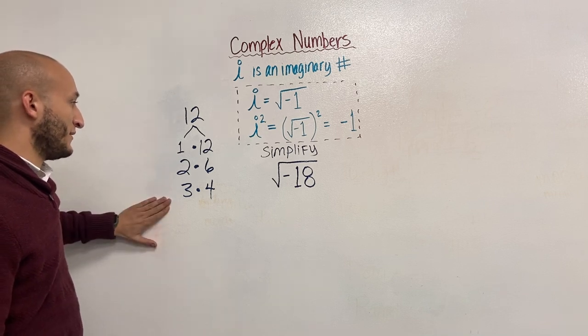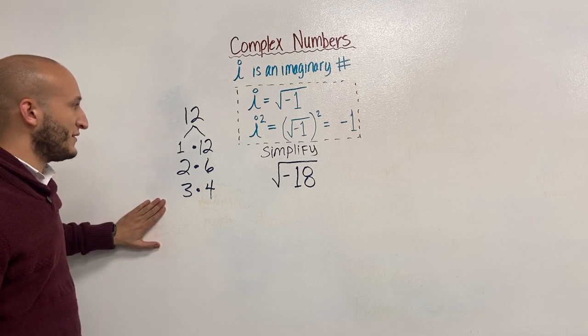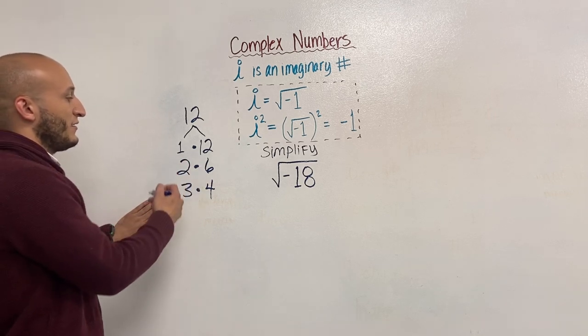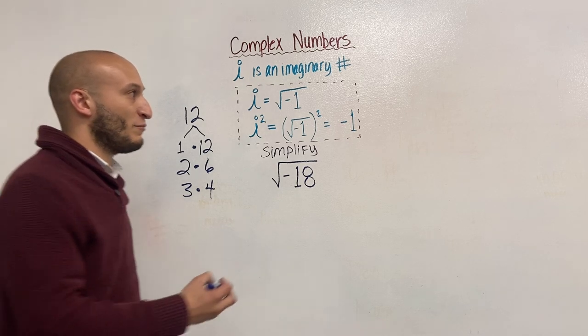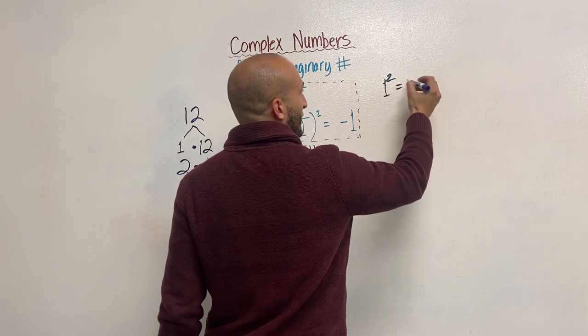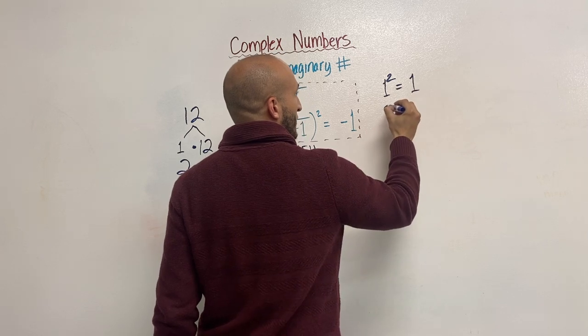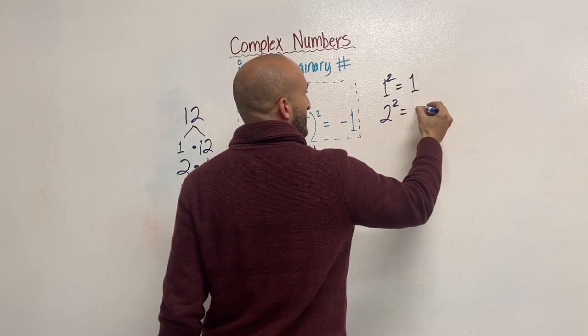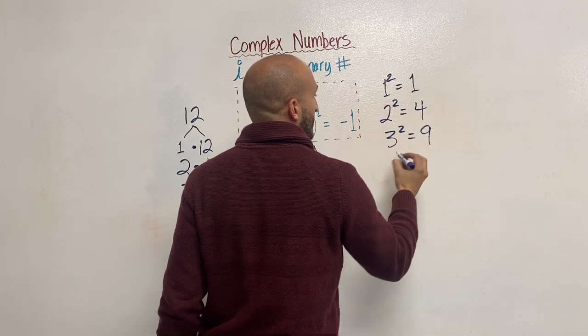I listed them out, and what I'm going to look for here is the pair that has a perfect square. Again, perfect square would be, if we list this off, 1. 1 is a perfect square. 2 squared would be 4. 3 squared would be 9, and so forth.